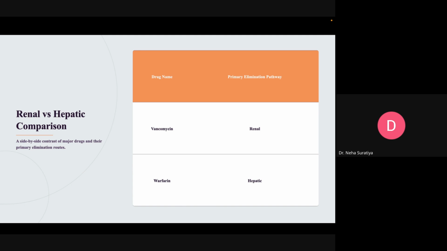So after looking at the drug name and understanding its primary elimination pathway, whether renal or hepatic, you can focus on the laboratory values and do the dose calculation. If it is renal, go for Cockcroft-Gault. If it is hepatic, focus on Child-Pugh.